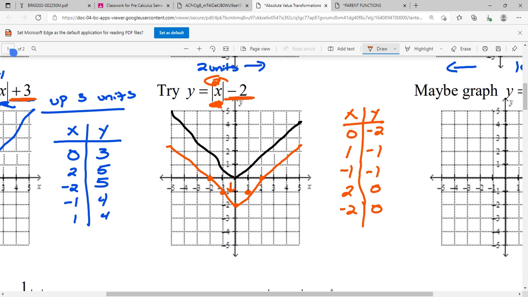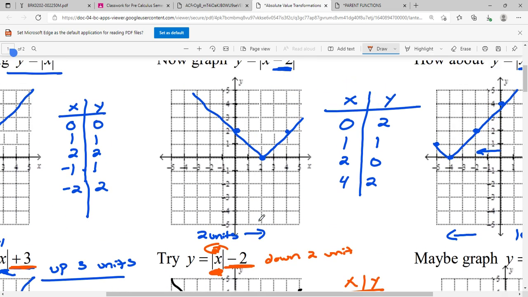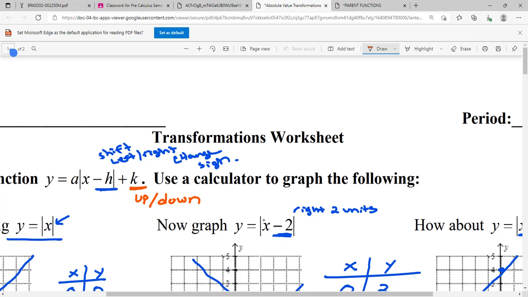This part right here shifts us down by 2. Okay? And that's what that says. Our K, whatever plus or minus, is going to shift us. Positive is up, negative will be down.